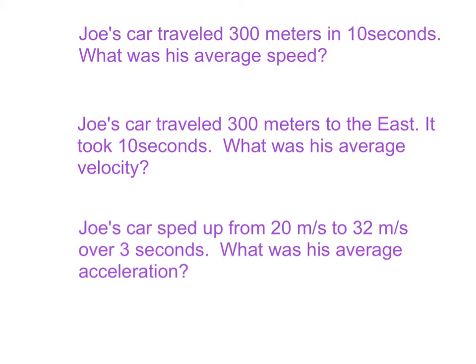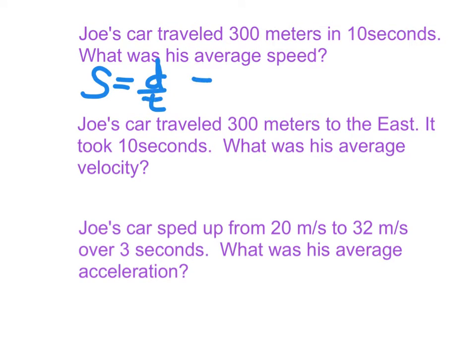Down the road, I'll be asking you to solve word problems like the ones you see on this page using those formulas. And we'll get a lot of practice with this in class. But basically what I'll be looking for you to do is to know what formula you need and then plug in the numbers. So in the first one, Joe's car is traveling 300 meters in 10 seconds. What's his average speed? Well, you need to know that this formula for speed is S equals distance divided by time.